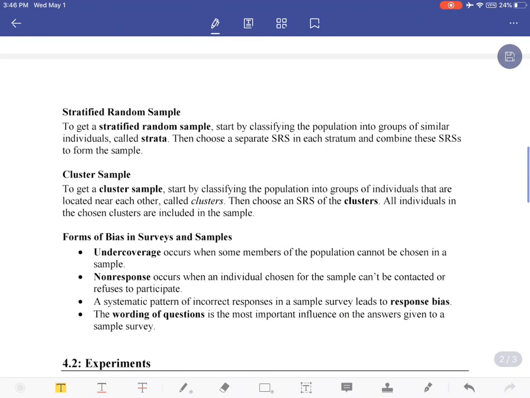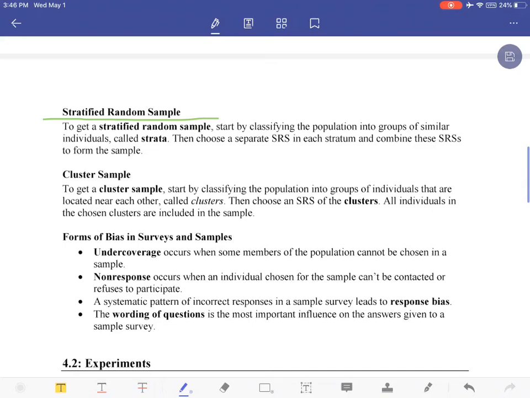So a stratified random sample is where we start by classifying the population into smaller groups of individuals called strata. So again, the example that we've talked about a lot, if I want to do that with Cane Ridge, I would have different strata for each grade level. So I split them up into all the freshmen, all the sophomores, all the juniors, all the seniors, and then complete a simple random sample within each of those groups to make sure I have equal representation from each of those groups.